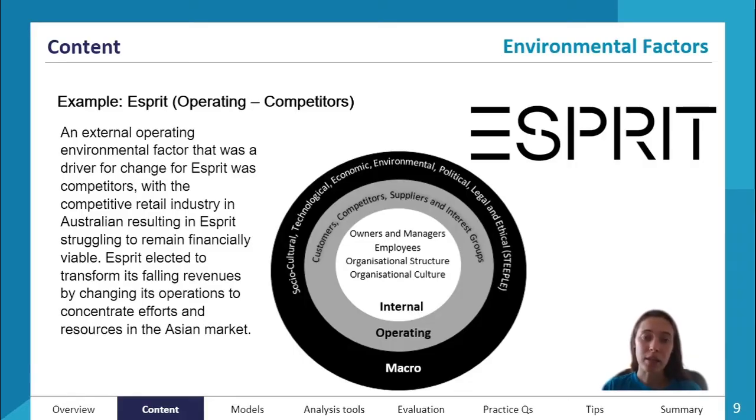Another operating example for competitors, we've got Esprit, which is in that retail industry, and the competitors drive the need for change because it was a saturated market. They weren't making enough revenue. They had falling revenues in their Australian market. So their strategy was to change operations to concentrate their efforts in the Asian market instead.